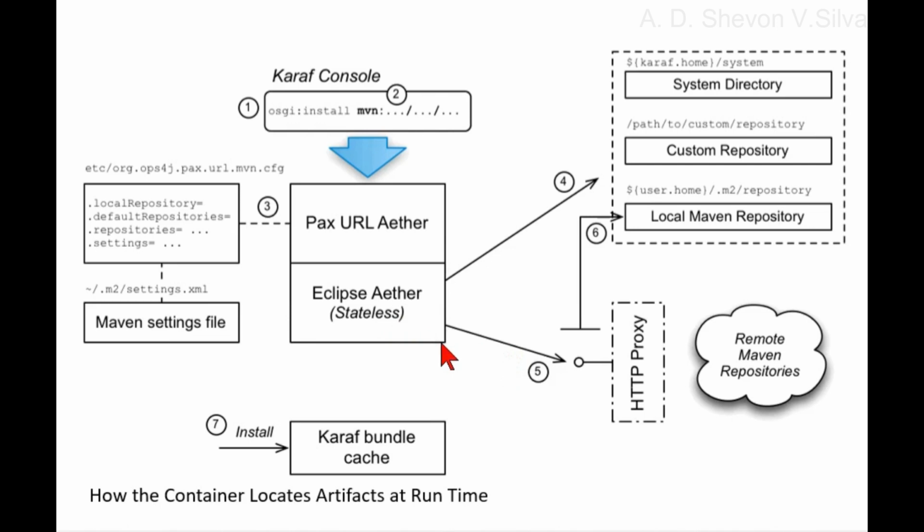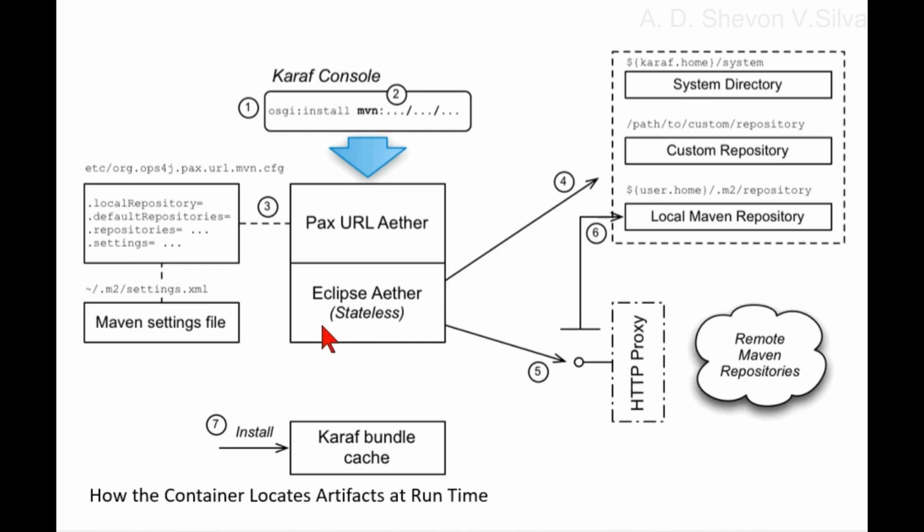Because the remote repositories are typically located on the internet, accessed through the HTTP protocol, it is necessary to have internet access for this step to succeed. Note, if your local network requires you to use an HTTP proxy to access the internet, it is possible to configure Pax URL Ether to use an HTTP proxy.